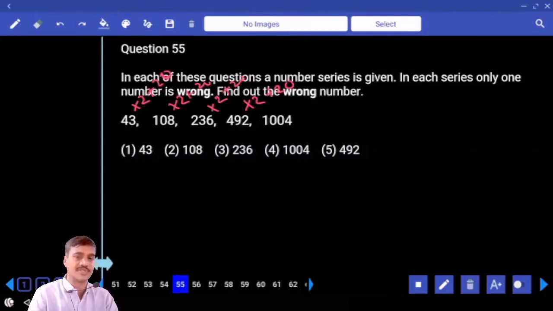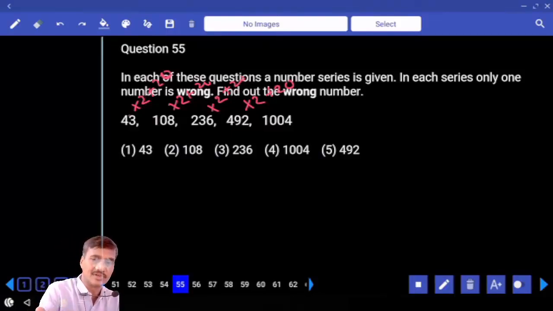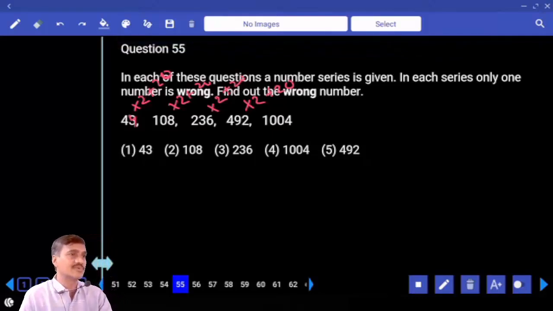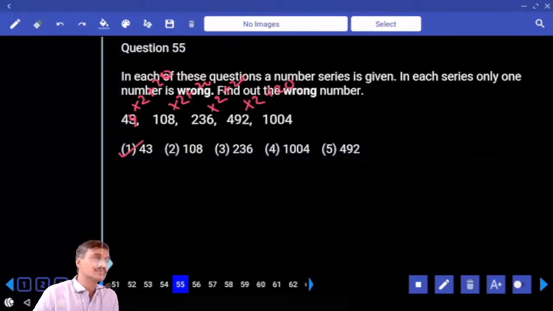Into 2 plus 20. And 108 minus 20, so much 88. 88 divided by 2 ఎంత? 44 రావాలి. ఇక్కడ 44 is the correct number, 48 is the wrong, 43 is the wrong. 44 into 2, 88 plus 20, 108. And the wrong number is 43, choice 1. అదే first number wrong అయితే ఇంకా కొద్దిగా time పెట్టేస్తుంది మనకి. Done with this?